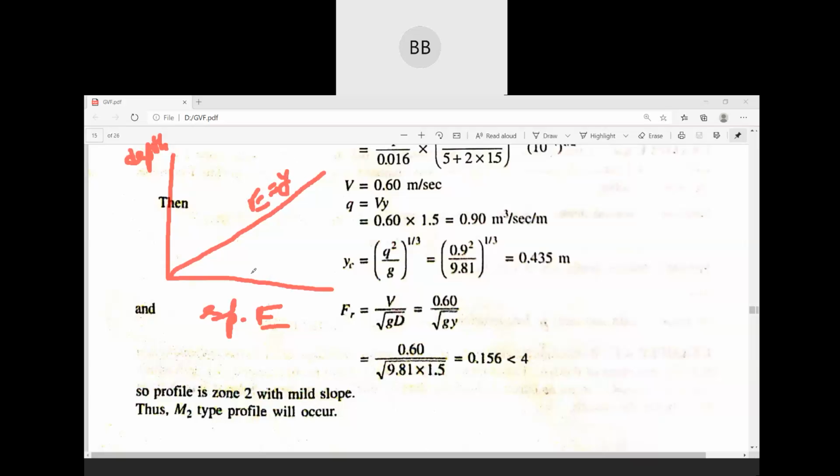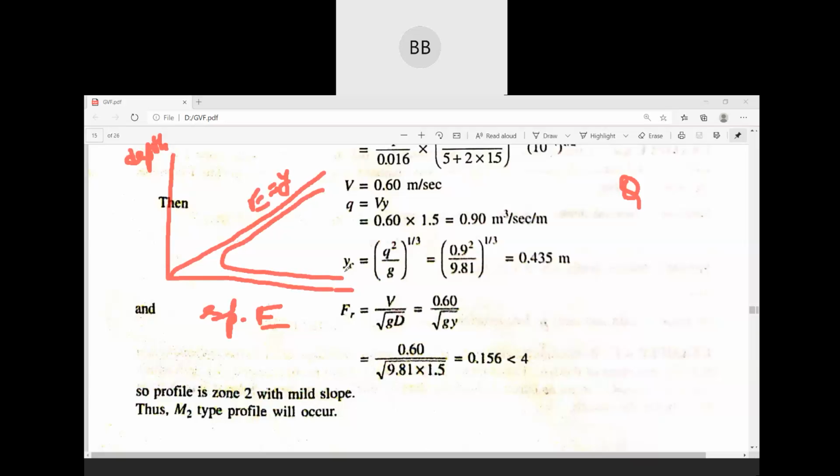For a particular discharge, if you draw a specific energy curve, it will follow this pattern. Sorry, as we increase the depth, the specific energy is reducing, because this will be the higher value for specific energy.